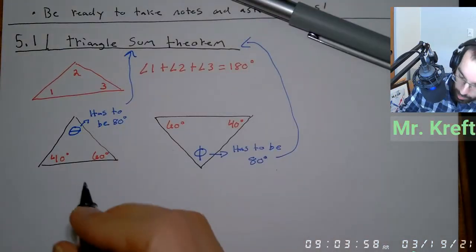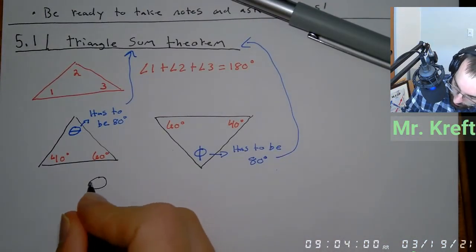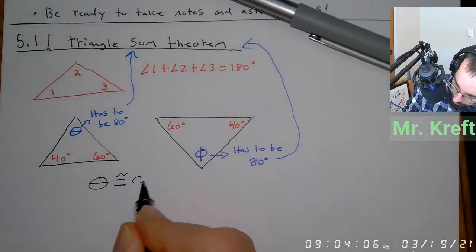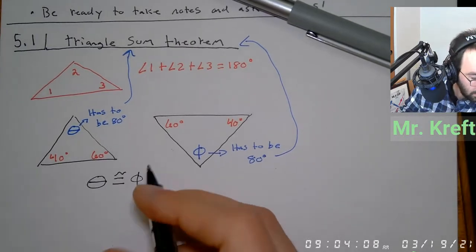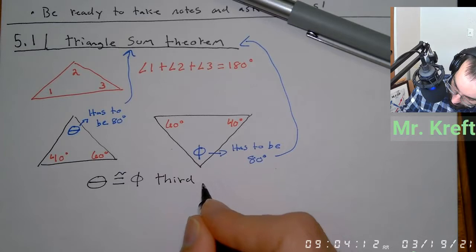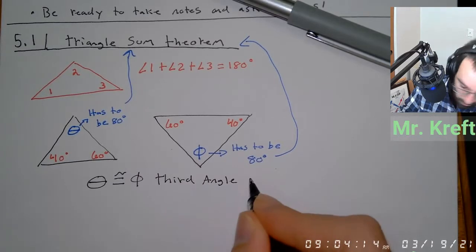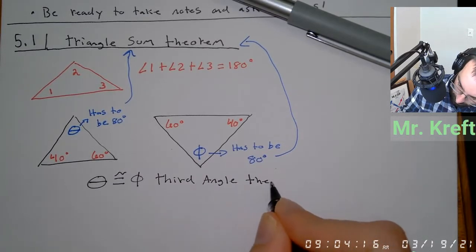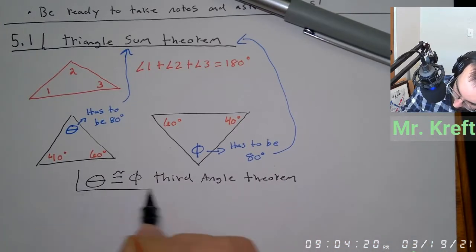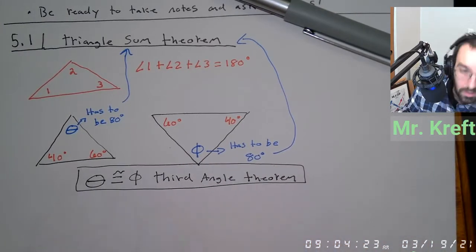So this new property is that we can say angle theta is going to be congruent to angle phi, and we can say that because the book calls this the third angle theorem. Okay, the third angle theorem, and I'll write that down in just a second.